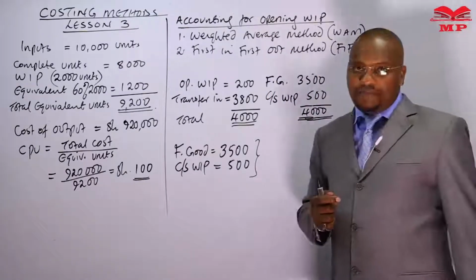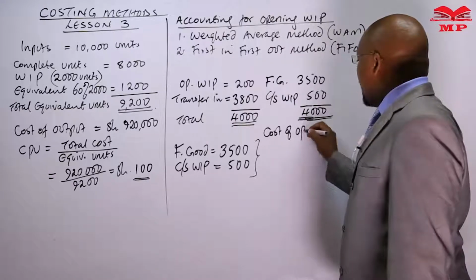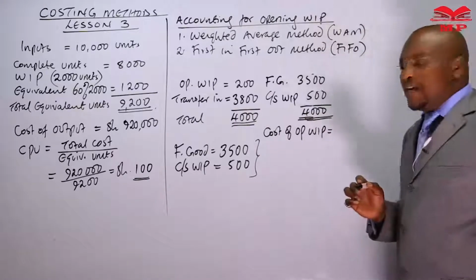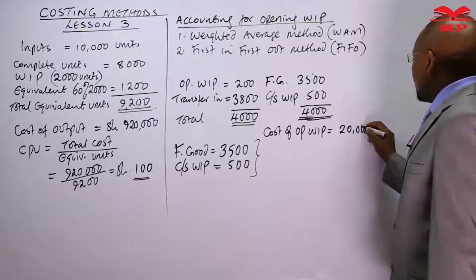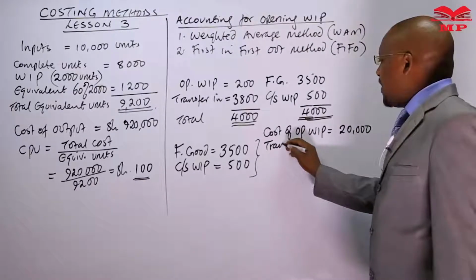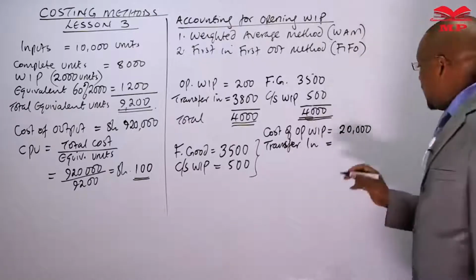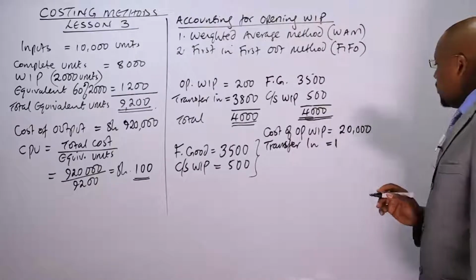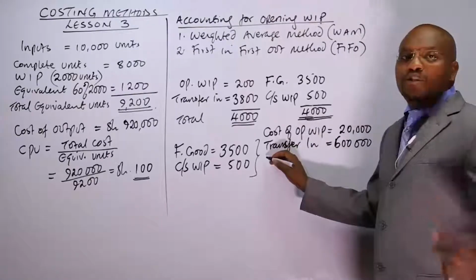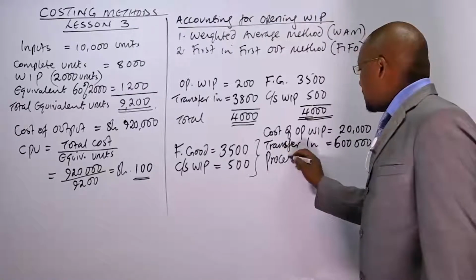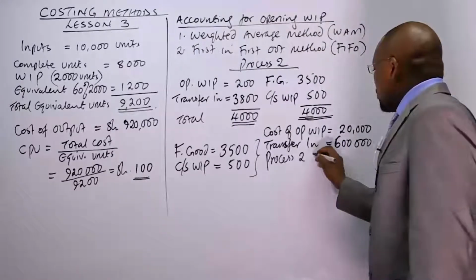Even if we had the cost, we would still have the same. Assuming the cost of opening WIP is 20,000, and the transfer-in cost is 600,000, while we have the process 2 cost.